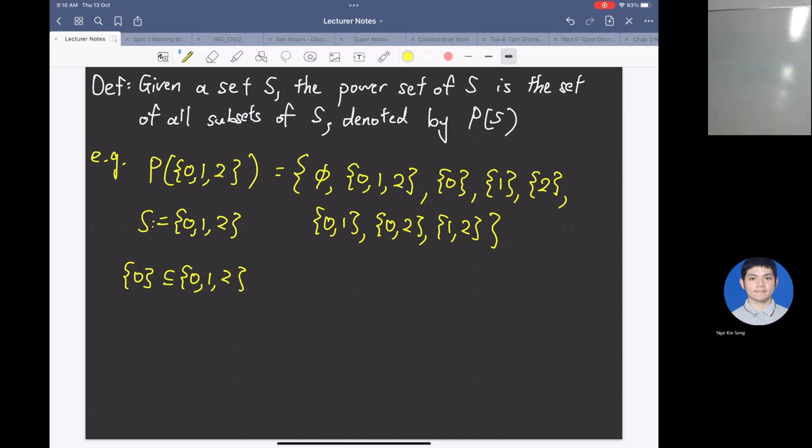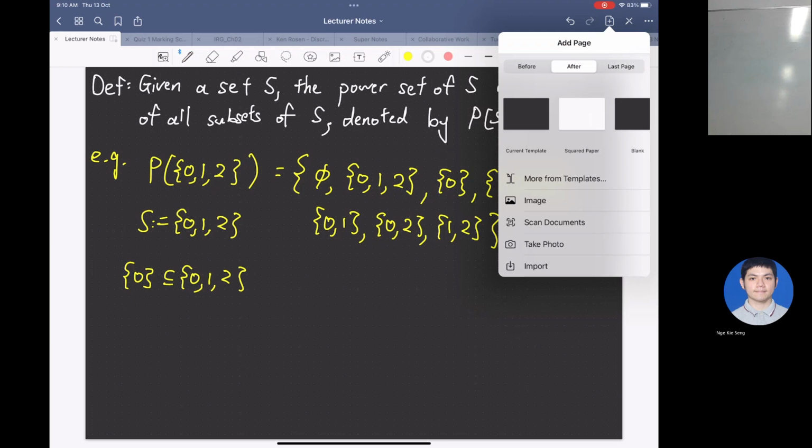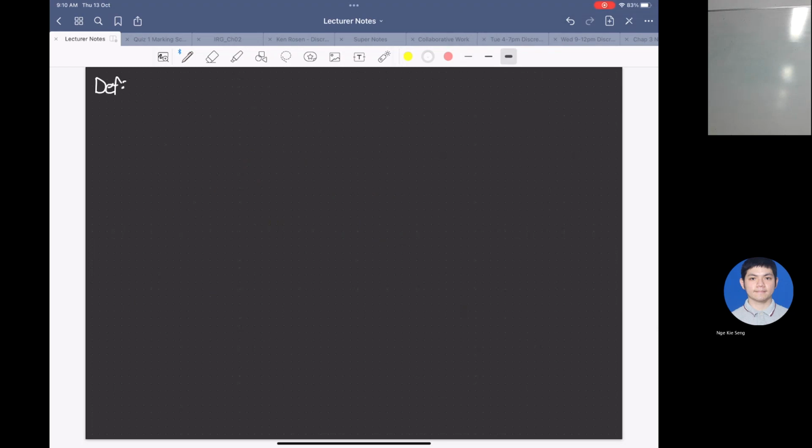Okay. So now we want to introduce some operations between 2 sets. First, we will introduce the product of 2 sets. But before that, we need to introduce a notation, which is the ordered n-tuple. The ordered n-tuple is an ordered collection, so the order is very important.